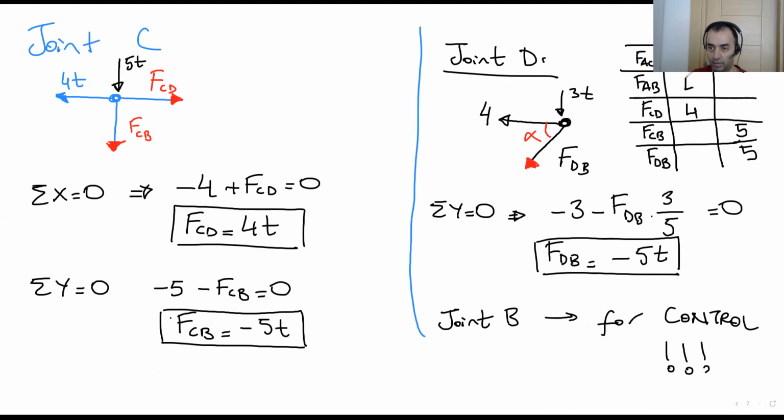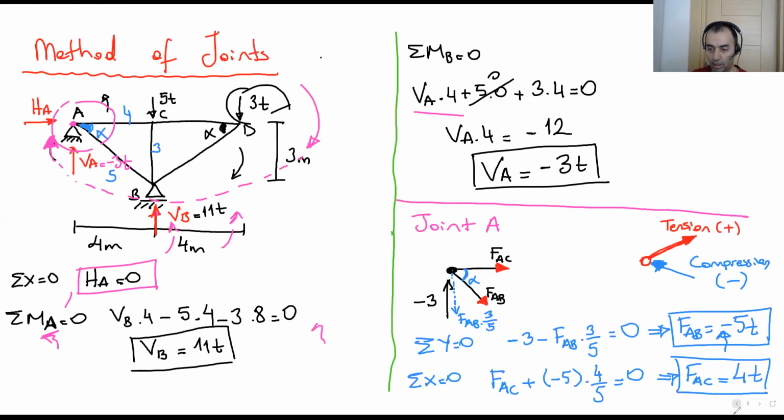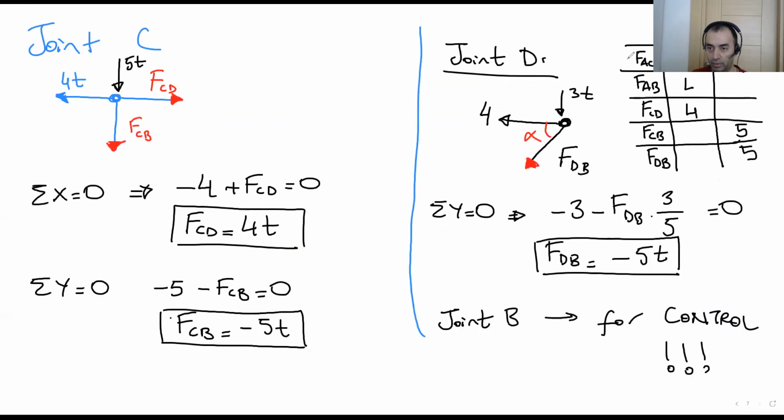AB 5, other 4. This is 4. This is 5. Okay, this is my force table.